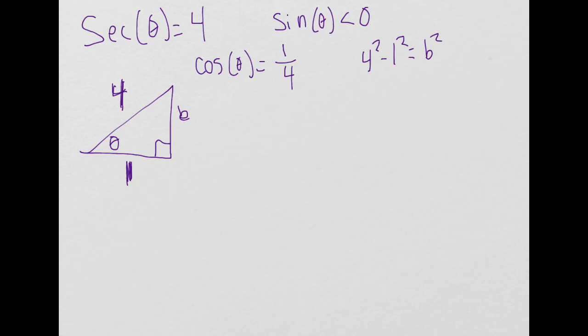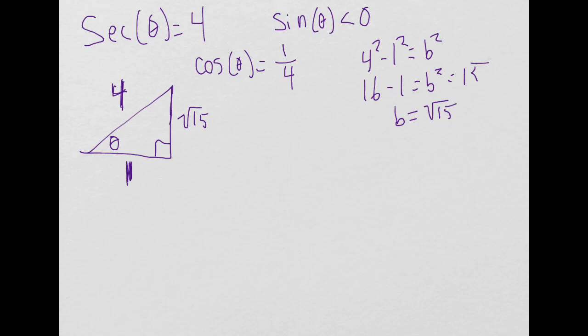So 4 squared is 16, minus 1 squared is 1, equals b squared. 16 minus 1 is 15. So b is going to be the square root of 15. Ugly number, but that's okay. No one said that these numbers had to be pretty. So square root of 15 for that side right there.